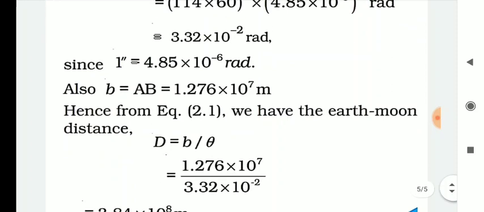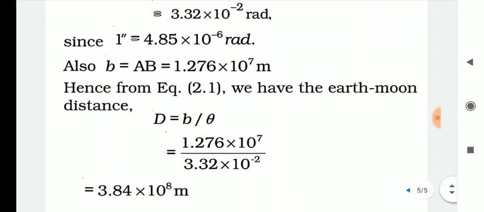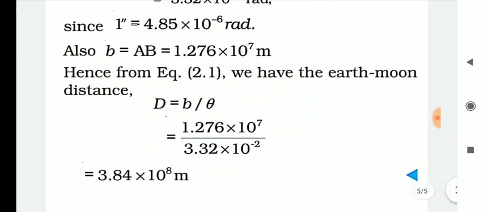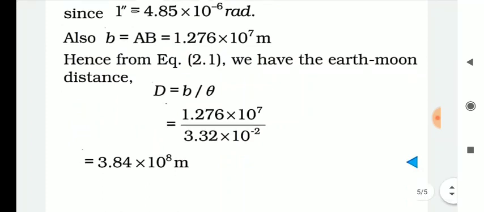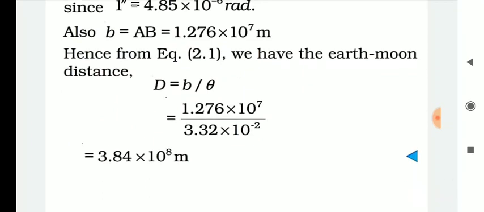After that, we already have the value of the basis: the basis equals 1.276 into 10 to the power 7 meter. Now we will apply the formula. As we know, theta equals B upon D. We have to calculate the value of capital D, so the formula is capital D equals B upon theta. You can see that formula from the above relation also, which we derived earlier.